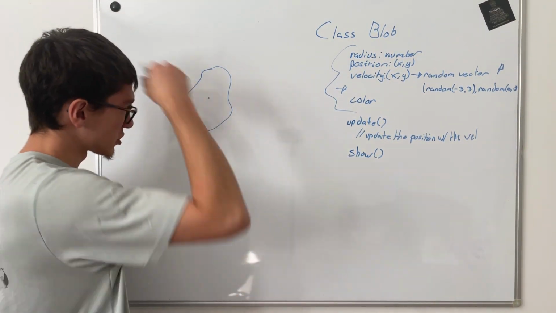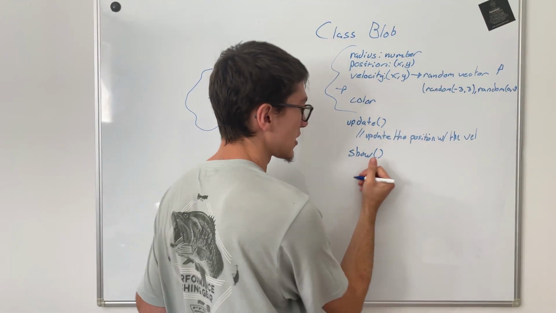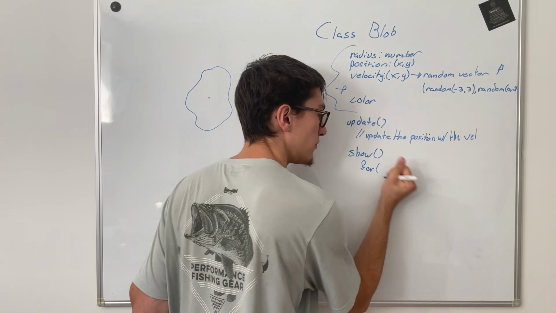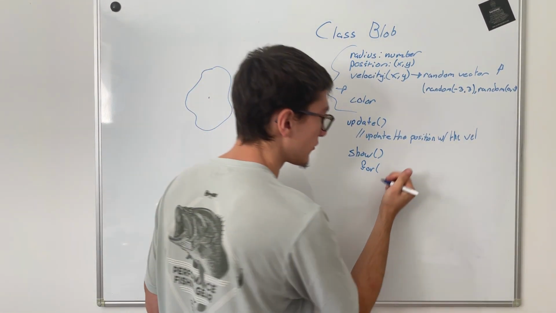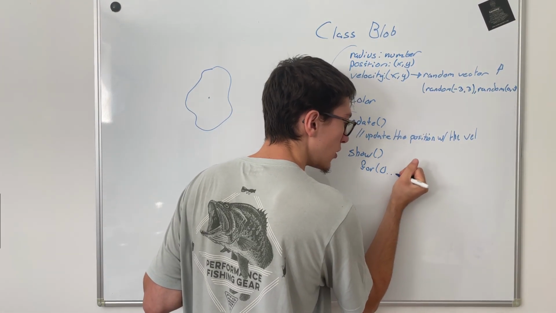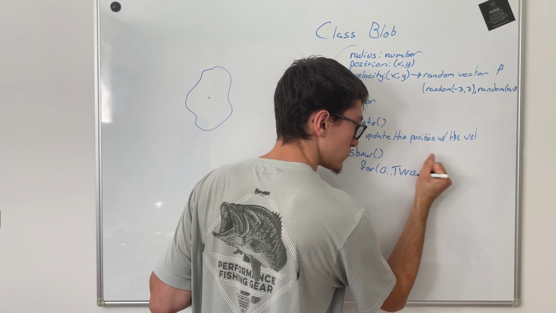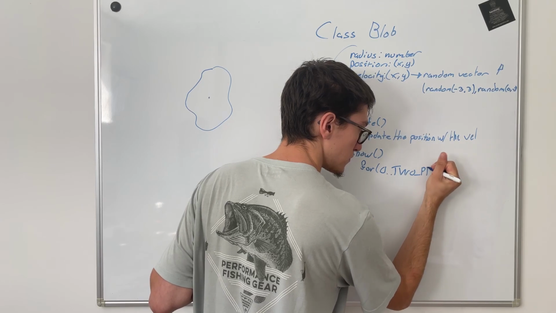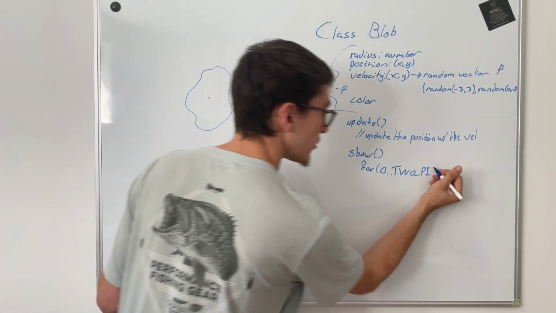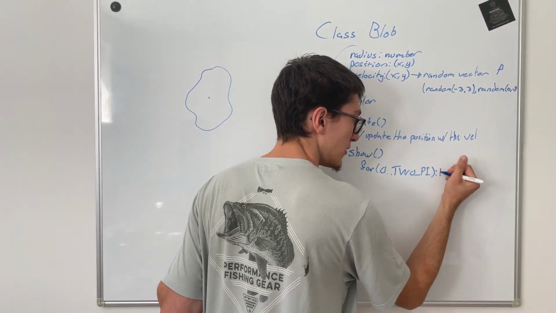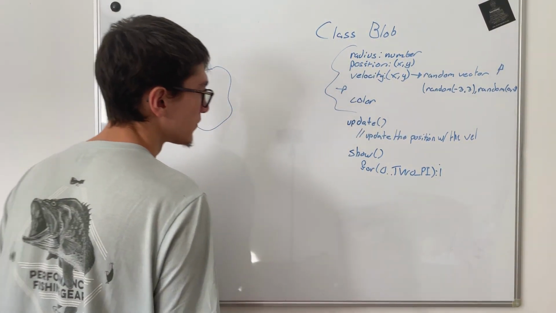And this show function, now, I'm thinking we should do a for loop that goes from 0 to 2 pi, right? That goes from 0 to 2 pi and gives us I, let's say.